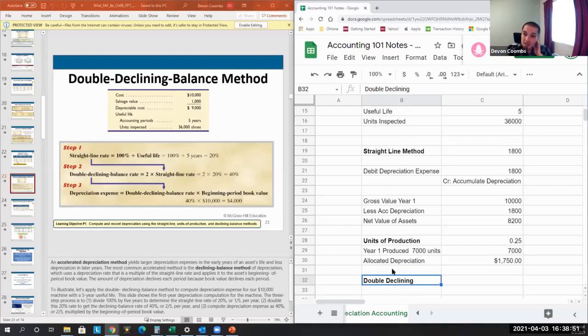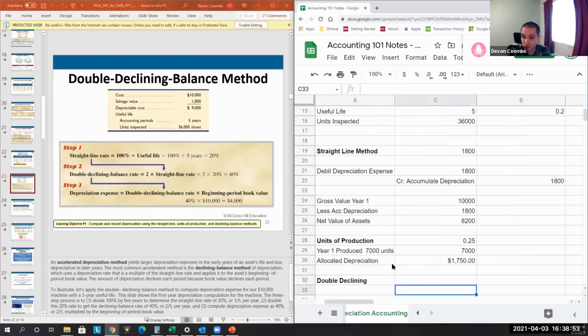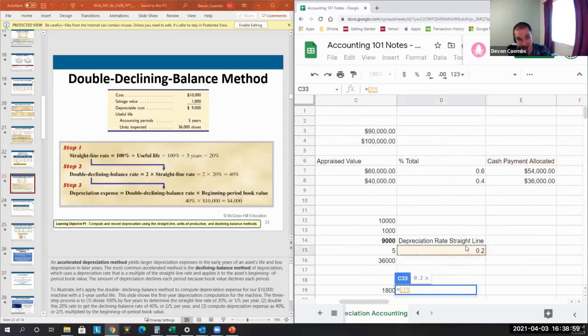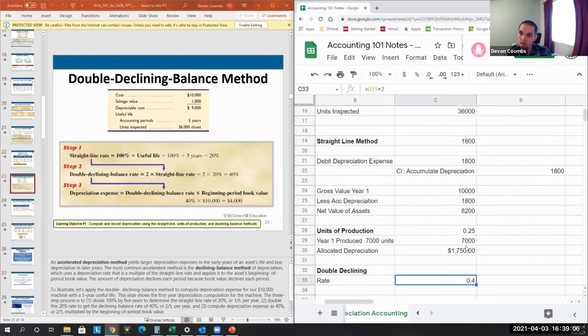We'll use the same inputs, except for double declining, we base it off the rate. So the rate, if you remember here, we take the rate of the single straight line depreciation. The straight line rate is 20% because of the 1 divided by the 5 years, and we double it. So our rate now is 40%.